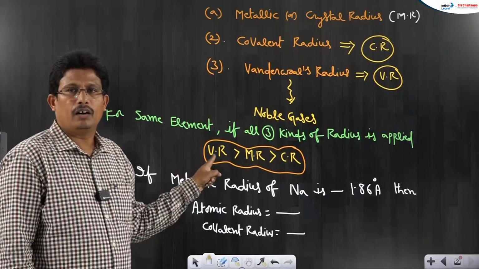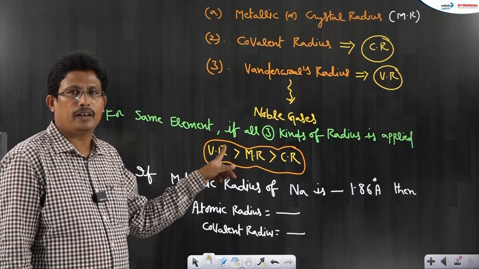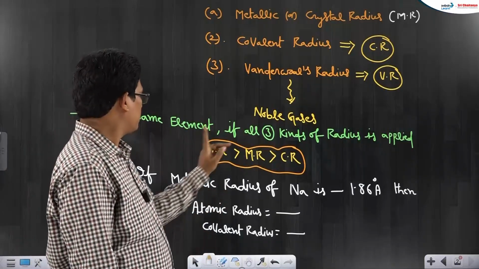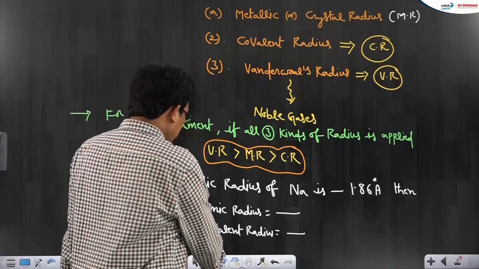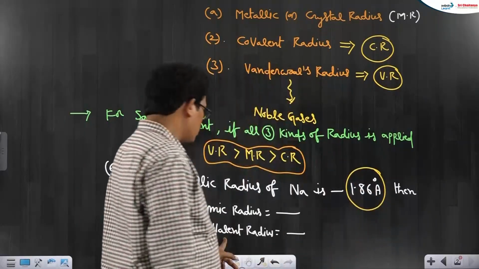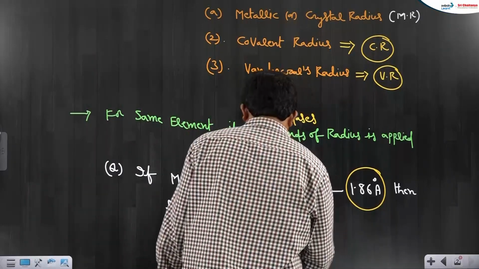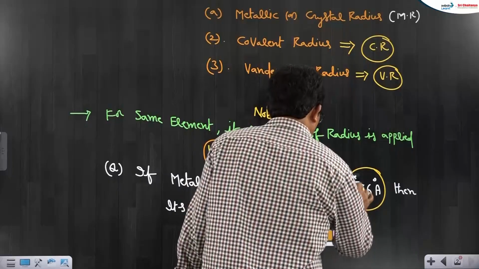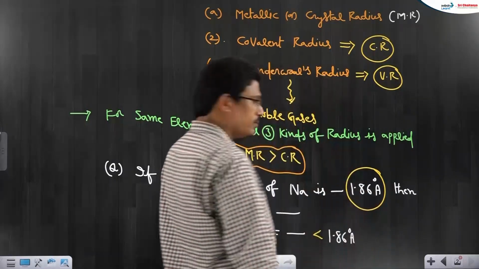Observe the order of radii for the same element: metallic is greater than covalent. Here the magnitude of the metallic radius is 1.86, so the covalent radius should be less than 1.86 angstroms.